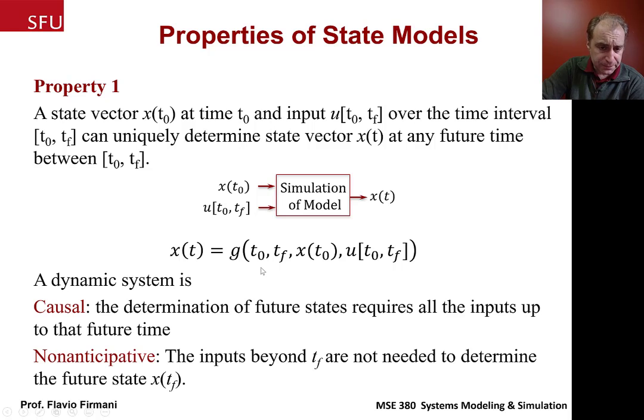Now, in this case, we're going to represent the state vector in this form. I'm not writing the common equation of x dot equals A times x and so on. This is a generic way to write it, where function g basically represents the solution to the differential equation that we're deriving.